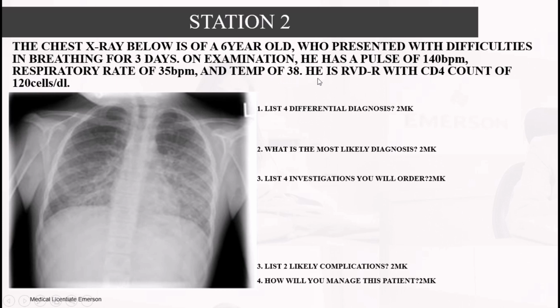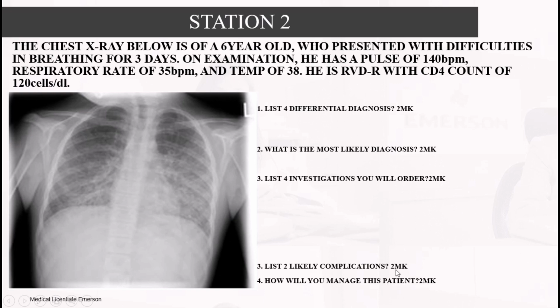He is RVD reactive with a CD4 count of 120 cells per deciliter. List 4 differential diagnoses. What is the most likely diagnosis? List 4 investigations you will order. List 2 likely complications. How will you manage this patient?